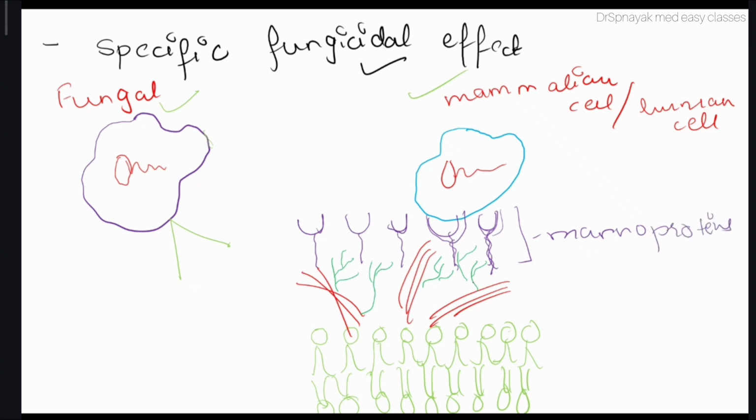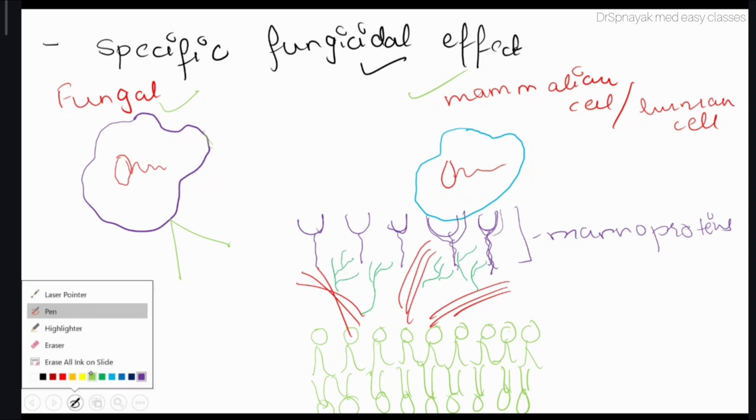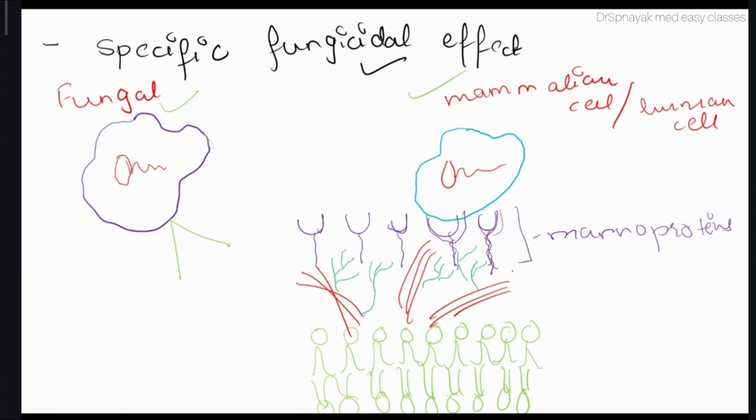These are complex polysaccharides which provide rigidity to the plasma membrane or the cell membrane of the fungi, which are known as beta 1,3 glucans or beta 1,6 glucans.